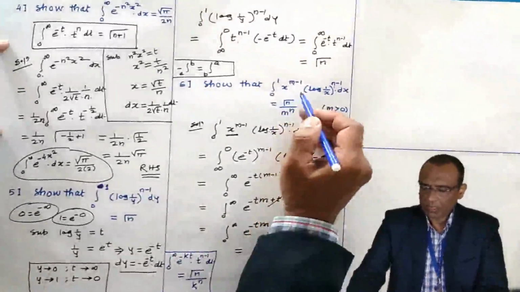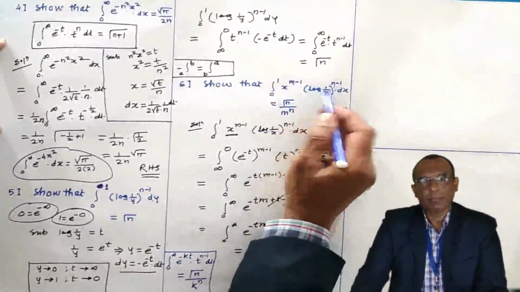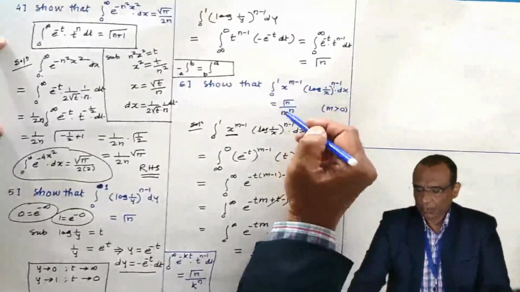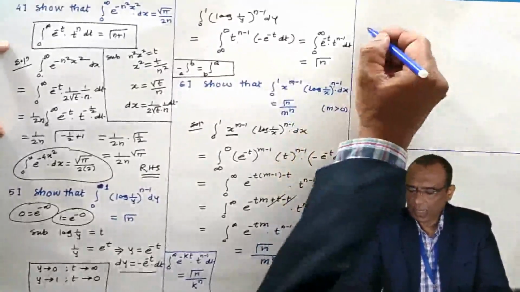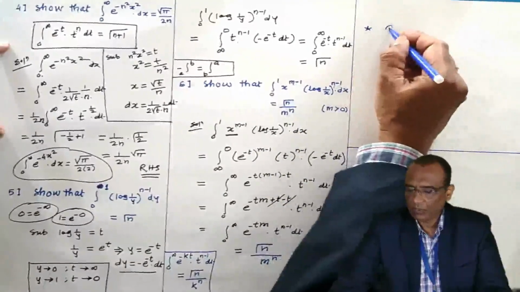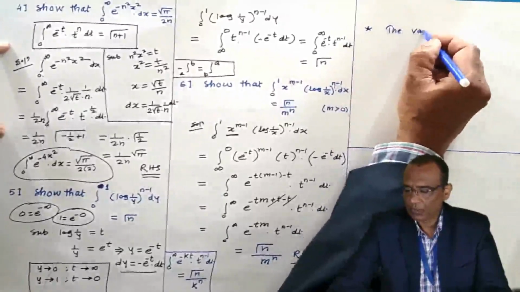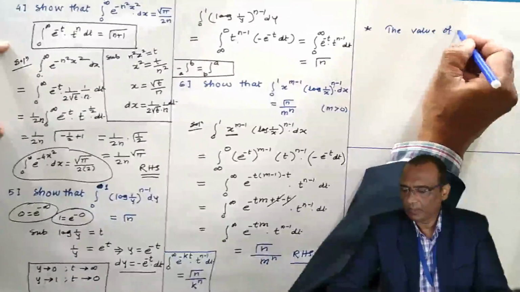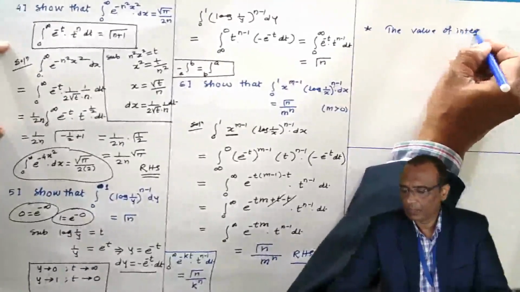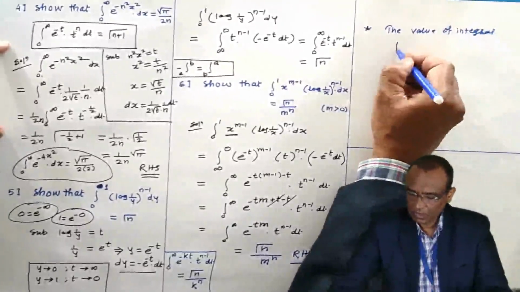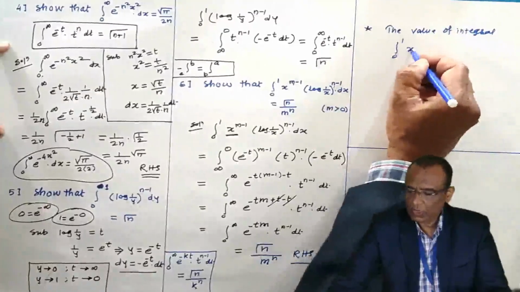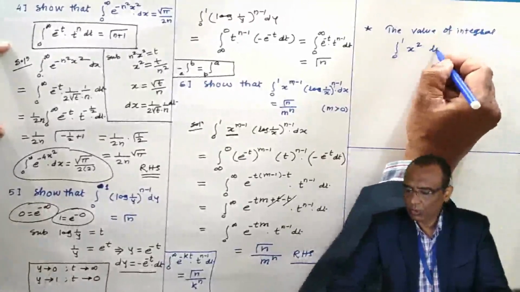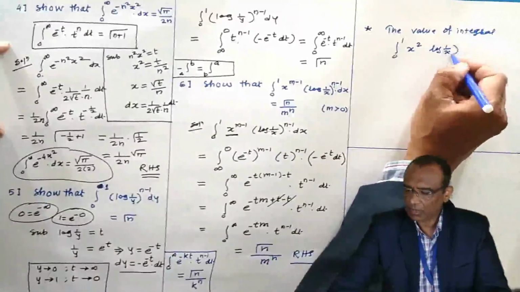Now in examination the question may be asked like this, where m and n may be replaced by any other fixed constant. They use this formula and get the answer. The MCQ I am writing: the value of the integral 0 to 1 x to the power 2 into log of 1 by x to the power 3.